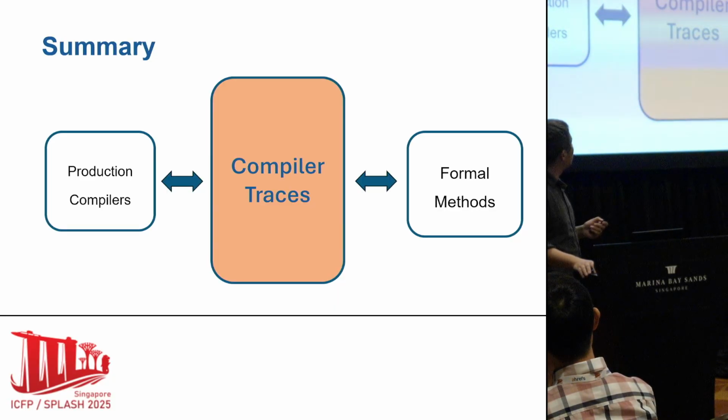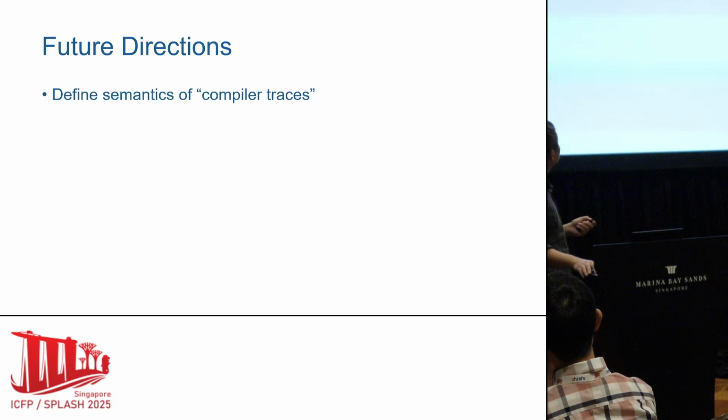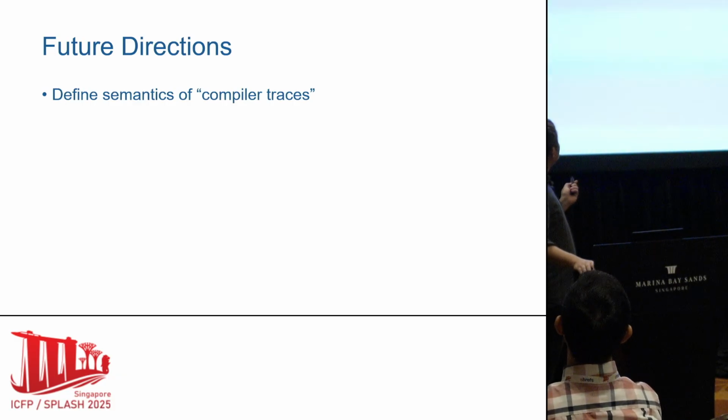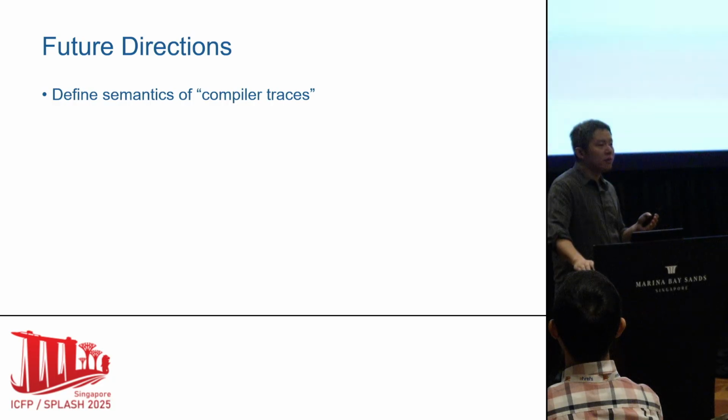In terms of future directions, I think there are a lot of exciting topics, both theoretical and practical. In terms of the practical topics, I think it will be quite interesting to define the semantics of traces, right? Our goal is to build a principled framework on top of LLVM such that we can use those traces to express and analyze different kinds of optimization paths. And in this case, we have a lot of practical challenges to deal with.